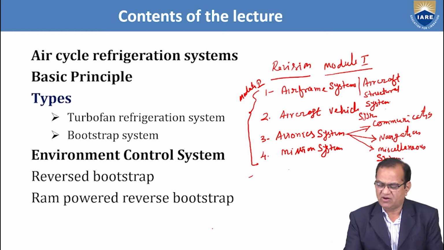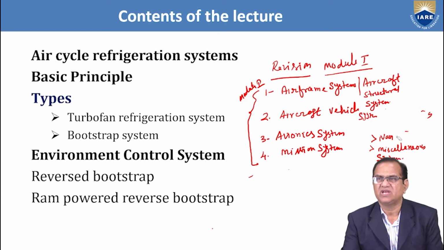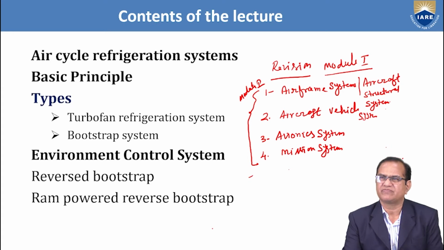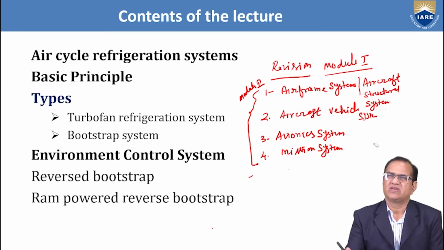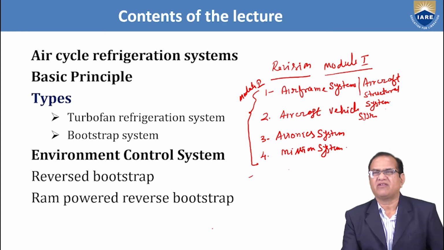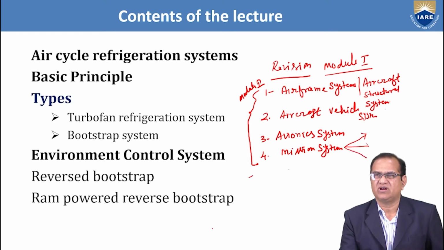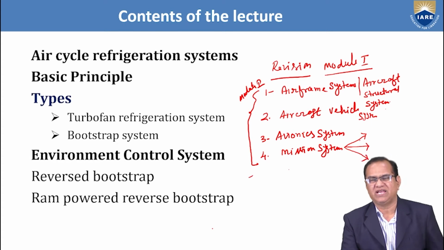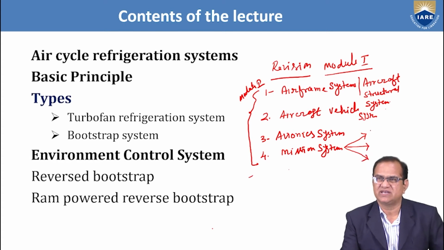Now, next, if I talk about the mission system, every aircraft is operated for different missions, and for that mission, the aircraft has to perform the given task. Like one helicopter is used for search and rescue.